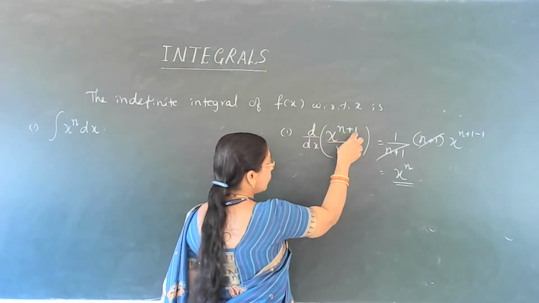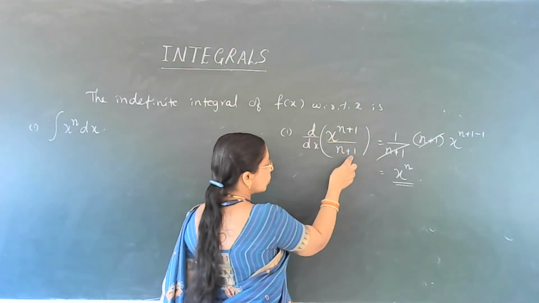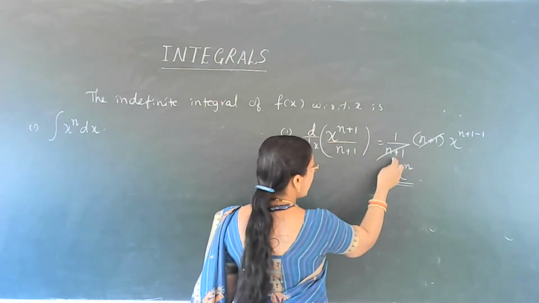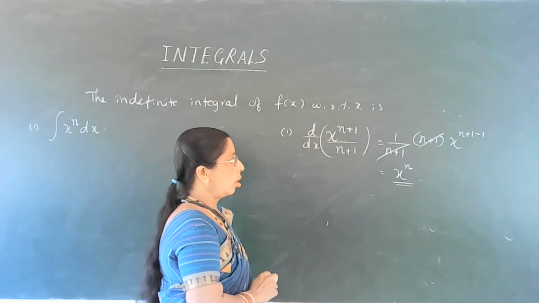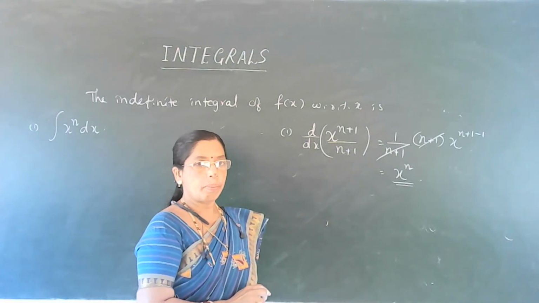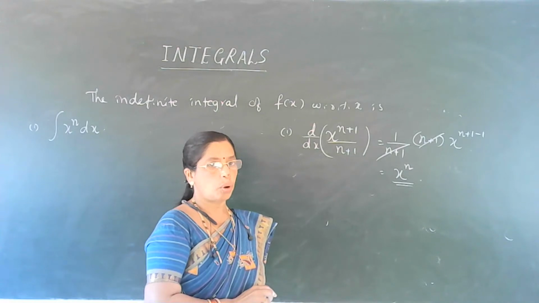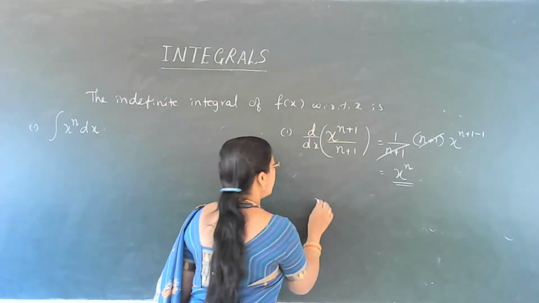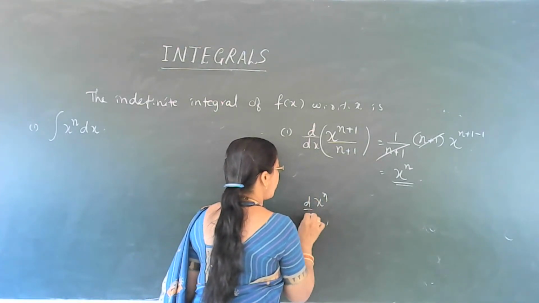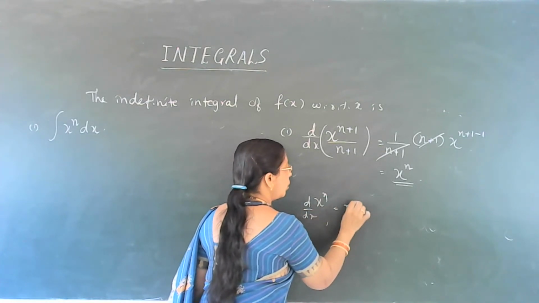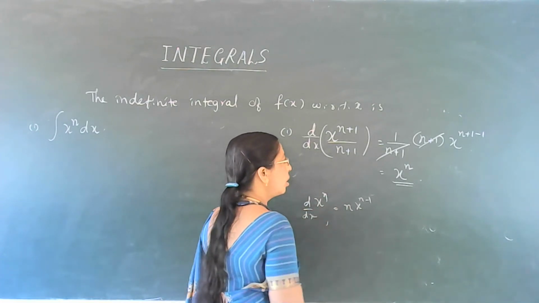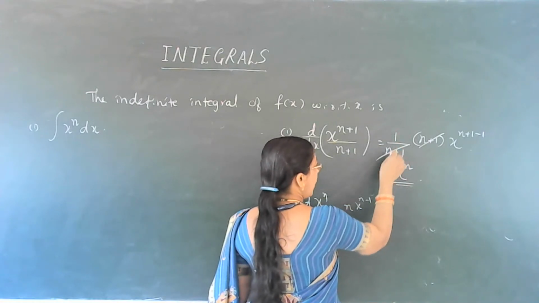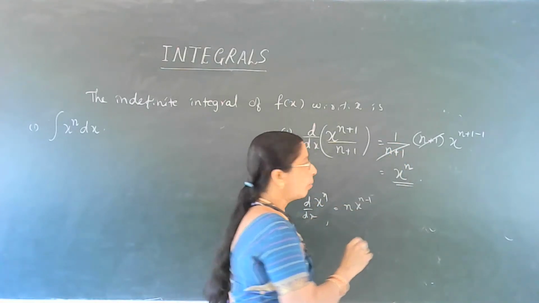Derivative of x to the power n plus 1 divided by n plus 1, where 1 by n plus 1 is constant. I think you remember all the derivatives of the function. d by dx of x to the power n is equal to n into x to the power n minus 1. Here, I write 1 by n plus 1 is constant.